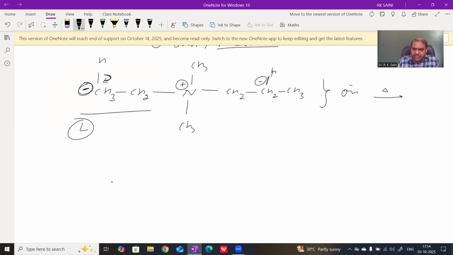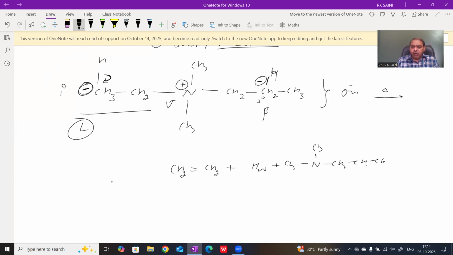After removal of H plus ion, this beta carbon carries partial negative charge, but this carbanion is secondary type and this carbanion is primary type. Therefore, we know that primary carbanion is more stable and hence this mechanism is preferred. Therefore, the major alkene is ethylene, plus water, plus tertiary amine, dimethyl propylamine.